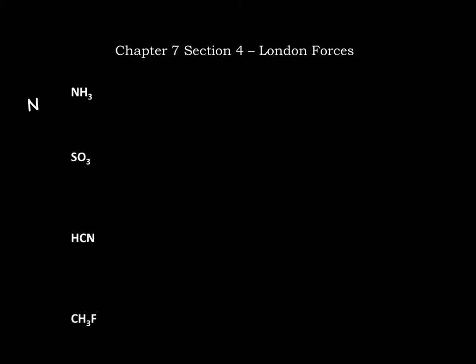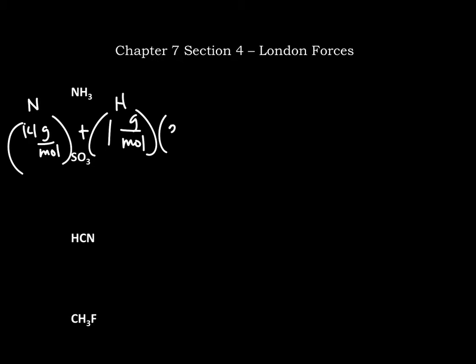At the periodic table, nitrogen is about 14 grams per mole. Hydrogen is about 1 gram per mole. But I've got 3 of them, so I need to take that 1 times 3. So here we're going to have 14 plus 3 is 17 grams per mole for our molecular weight, molar mass.